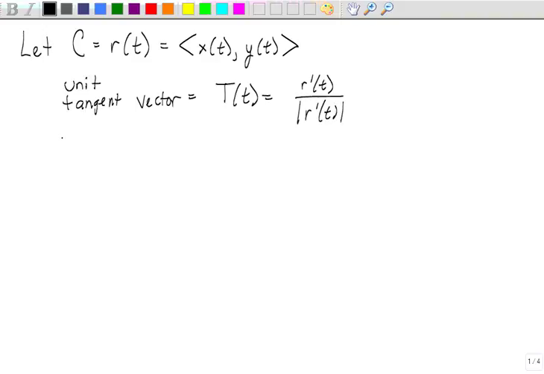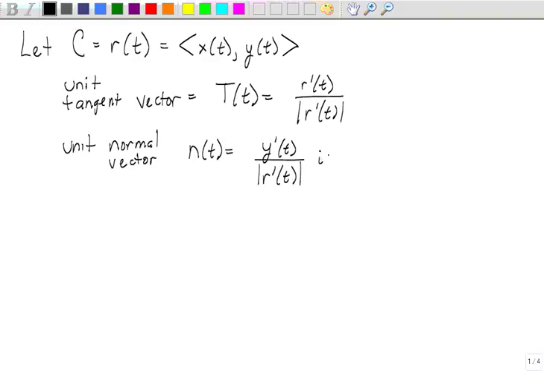The unit normal vector n is y prime of t over the magnitude of r prime, and x prime with a minus sign, over the same. I'll just write it down here.